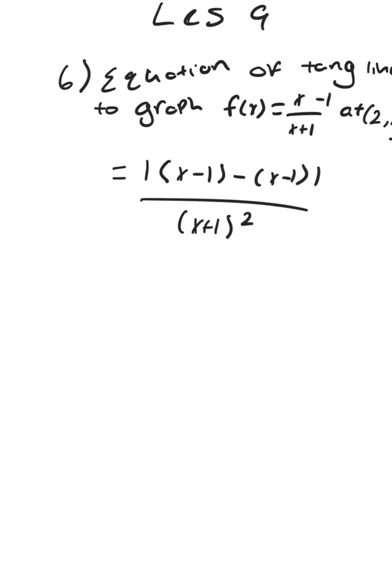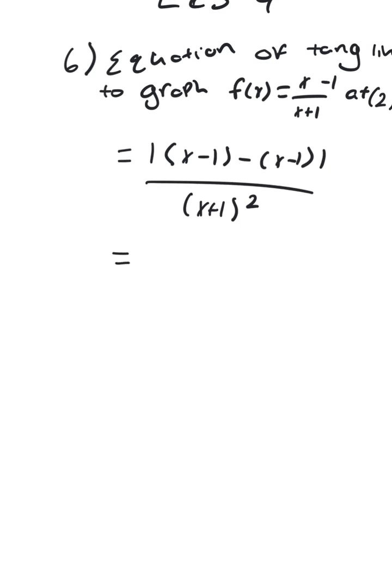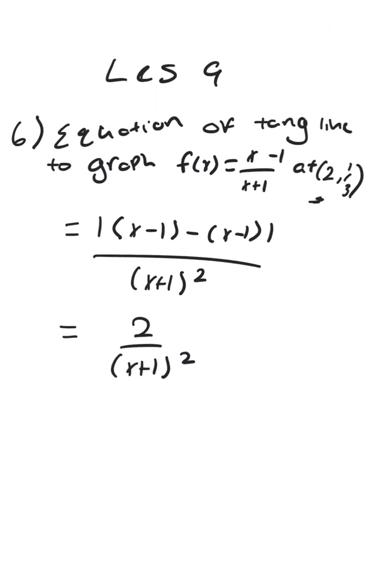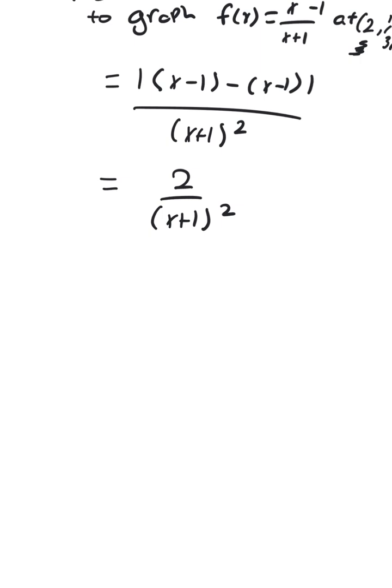Now we simplify this, and we're left with 2x plus 1 over 2. We plug our x in from the point that it gave us. This would equal 2/9. So that is our slope.